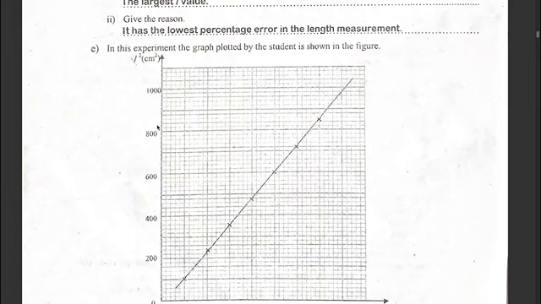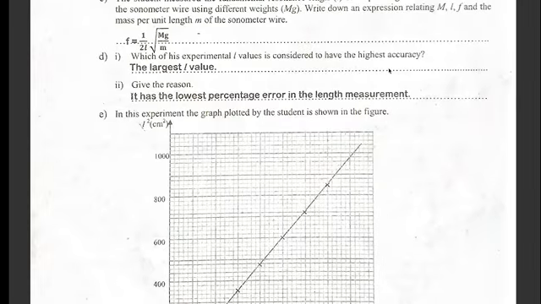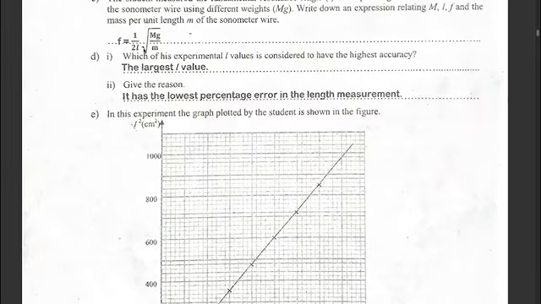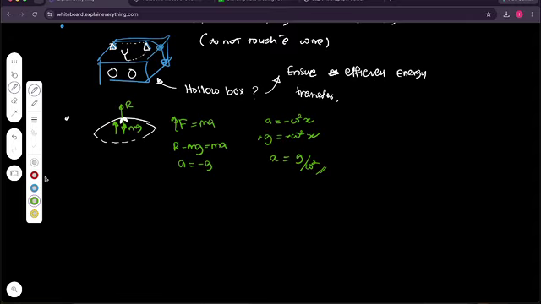Now let's look at question number D. This is a slightly different question. So it's a point worth noting down. Therefore, let's note it down. Here they say, which of the experimental L values is considered to have highest accuracy? So from 2000, let's note that down.